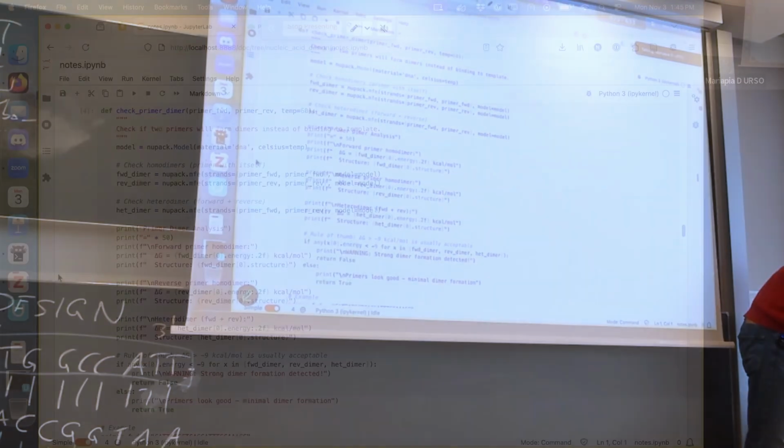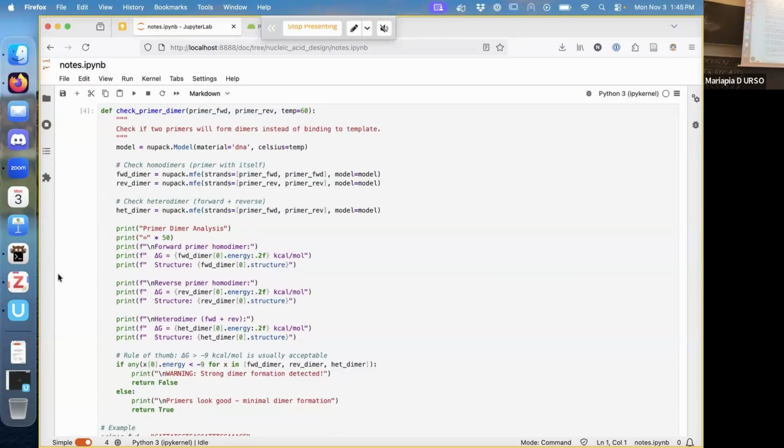Let's write or read some more code here. So here, for example, we prepared for you some piece of code that can check whether you have some unwanted structures in your primers. So your primers, of course, always come in pairs.